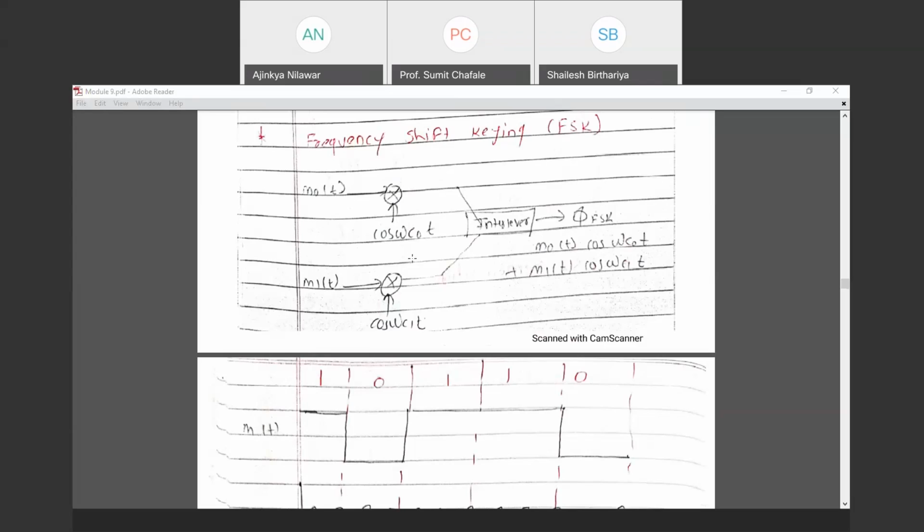That means whenever the voltage level is zero, we multiply with that frequency, or we may say the low frequency. And whenever data 1 is there, then the high frequency. So how many frequencies will we require here? We will require two different frequencies. One is the low frequency.